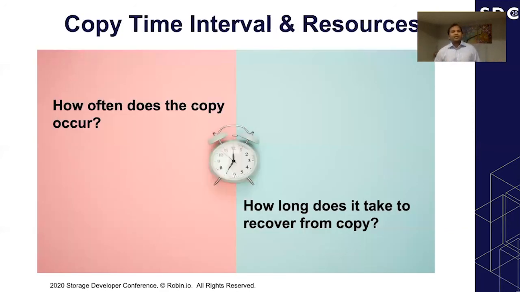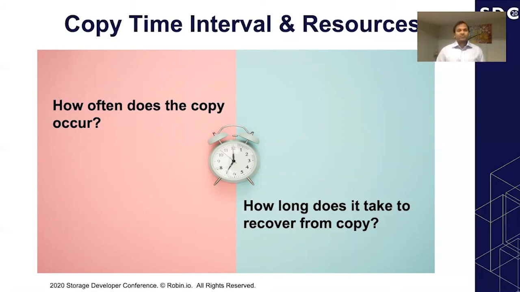So anytime there are copies and a restore involved, there are two questions or decisions to be taken care of to meet your application requirements. One is, how often does the copy happen? It can happen for every write, or it can happen once a day. So the backup can be once a day, or you can take hourly backups, or you can do synchronous replication for every write. It all depends upon your requirements.